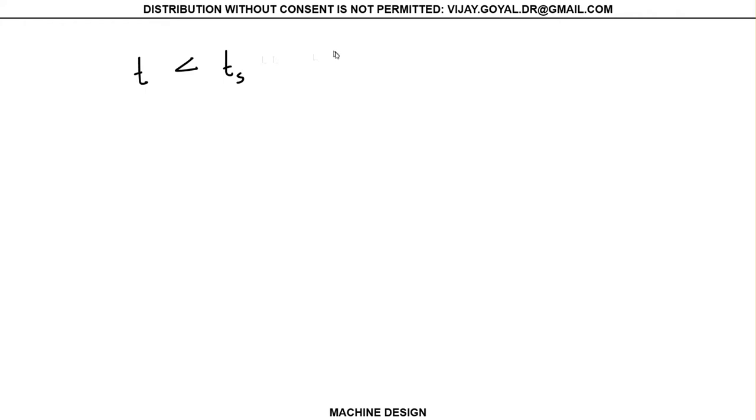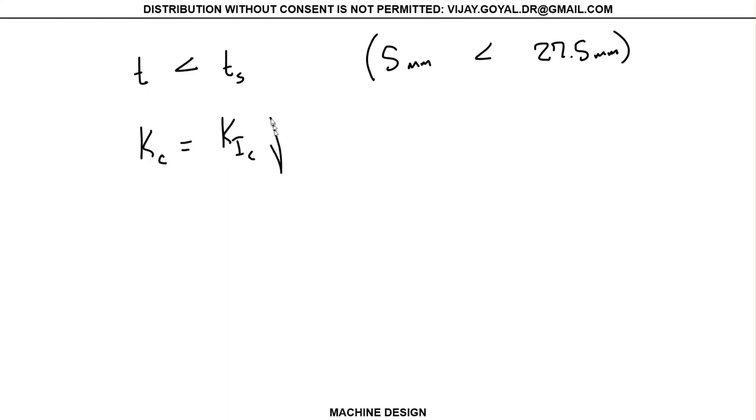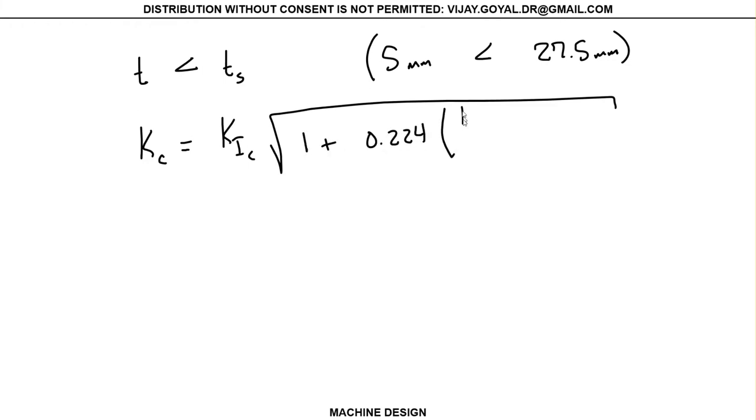Since it's less than your transition crack length, because this was 5 millimeters, which is less than 27.5 millimeters, then that means that the Kc that I need to use in my problem would be KIC multiplied by 1.224 times Ts divided by T squared. And you replace all the values in here.